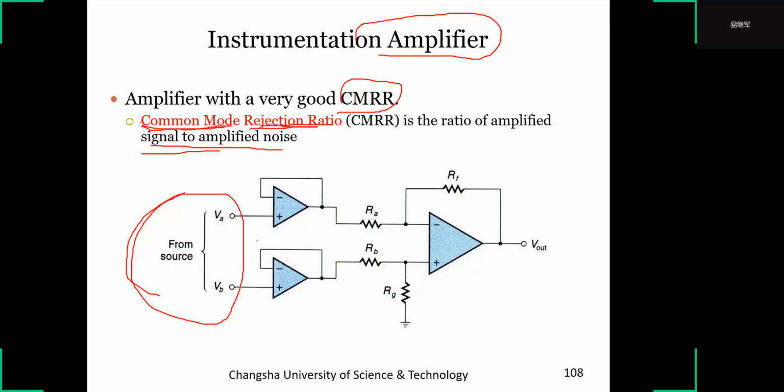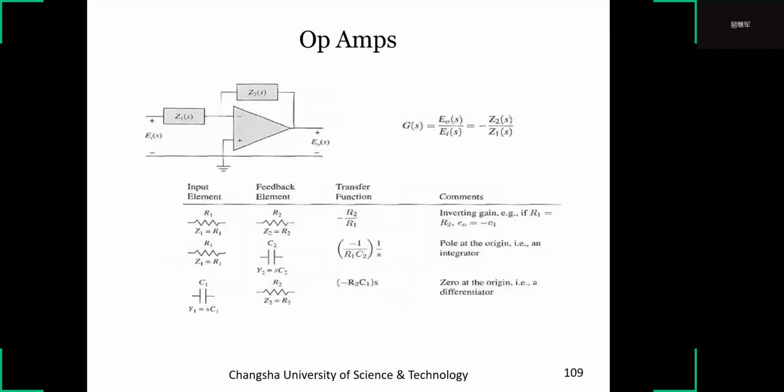If this value is big, it rejects more noise. For this amplifier, the key thing is that we need to know the relationship between the input and output.